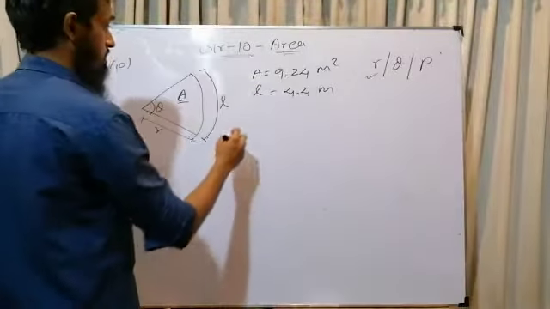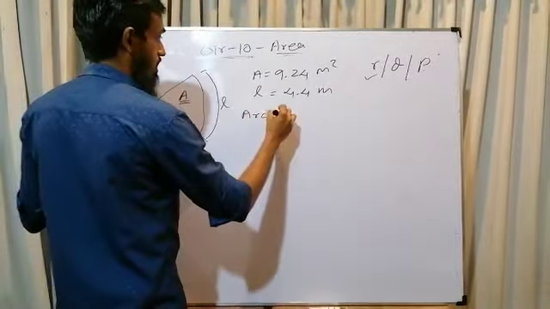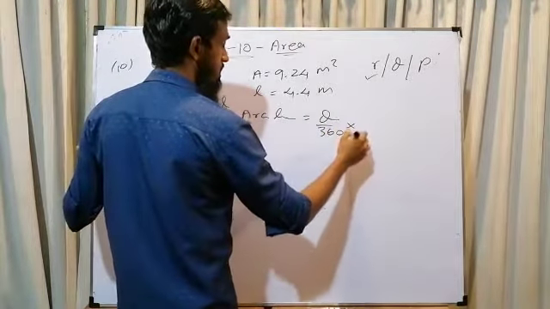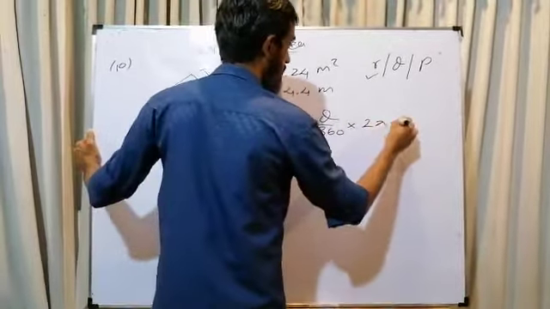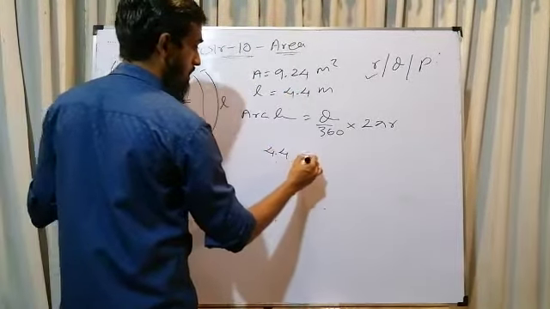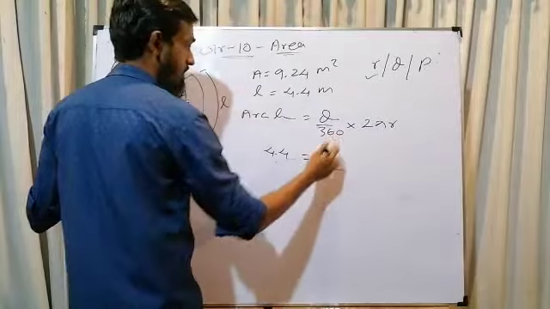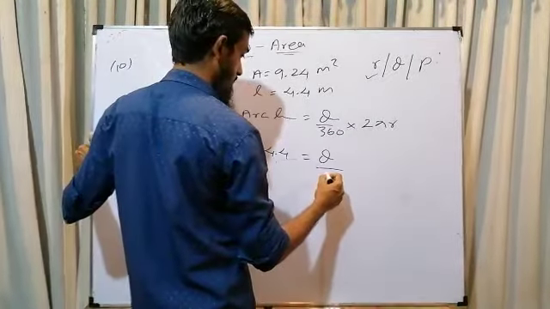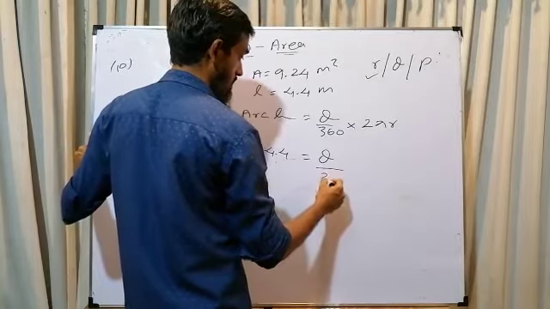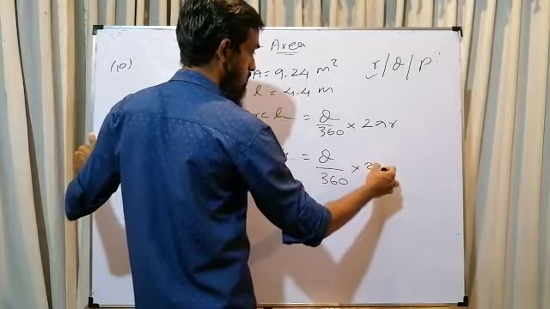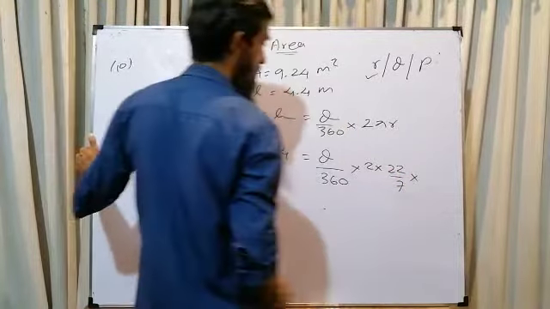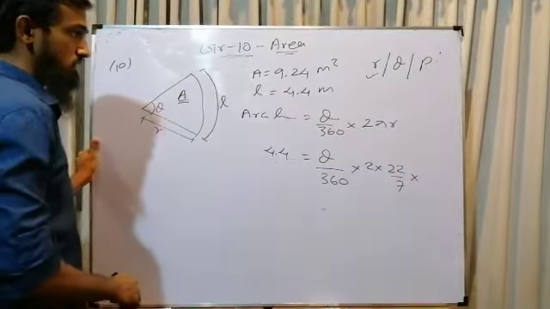So arc length equal theta over 360 into 2 pi r. Arc length we know is 4.4, theta we need to find, 360 into 2 into 22/7 into the radius we found.